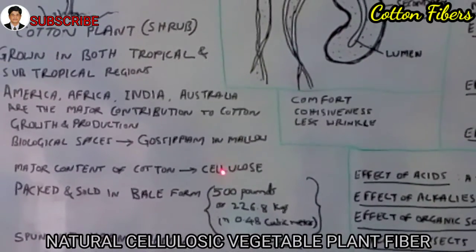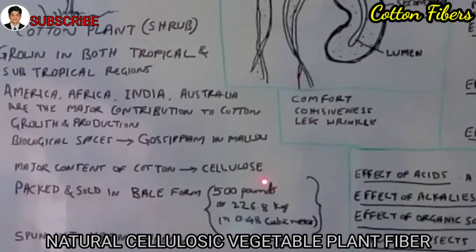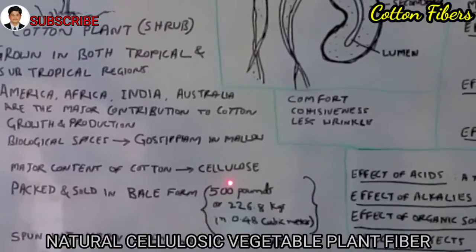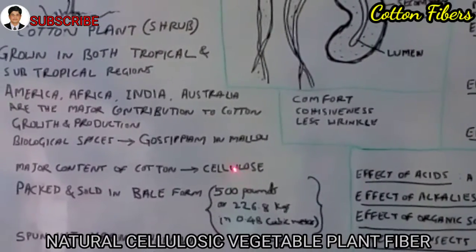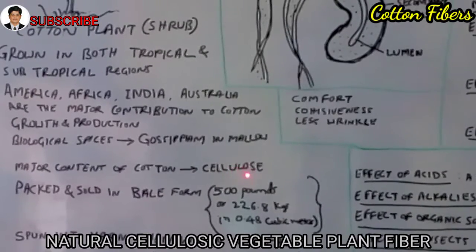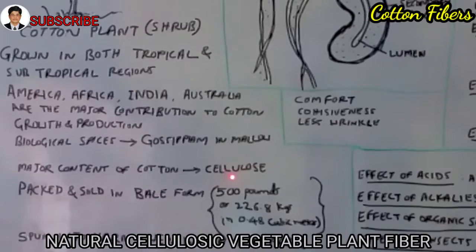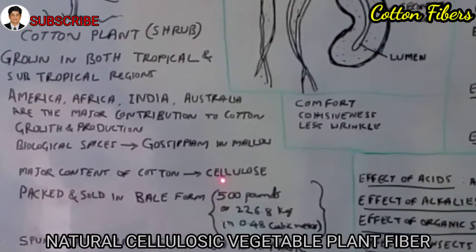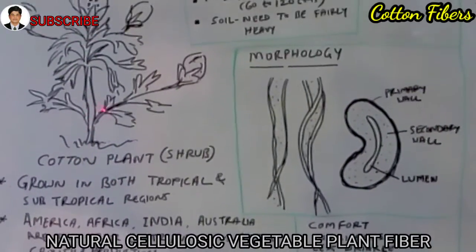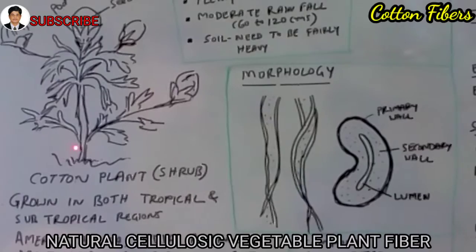But this cellulose is not only found in the cotton plant; it is also available in forest trees and other plants, in woods. But in other woods and forest trees, the cellulose availability is only 40 to 45%, while in cotton fiber it is more than 90%.